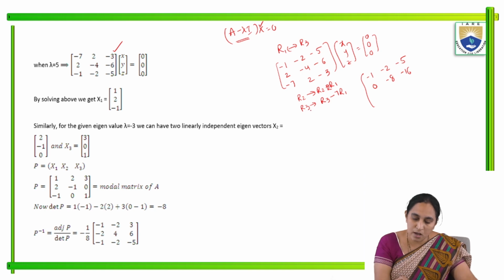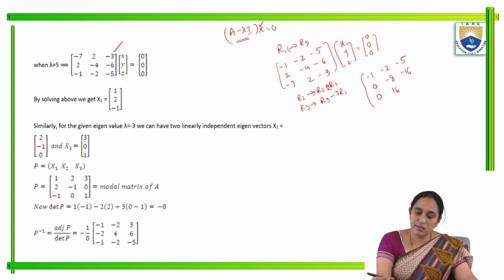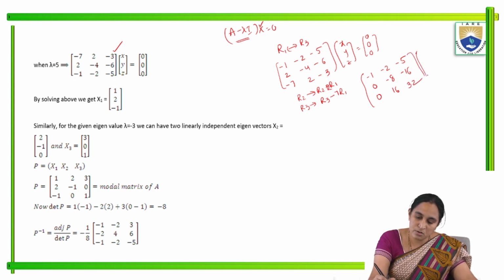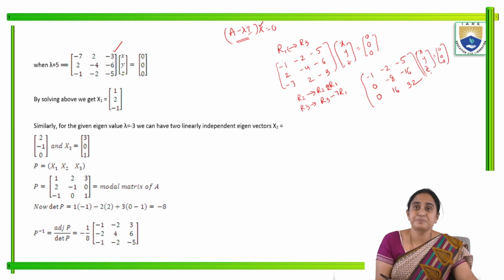Similarly, with respect to R1, I'll make the first element of R3 zero: minus 7 plus 7 is 0, and next 2 plus 14 is 16, and next minus 3 plus 35 is 32. This is 32 into x, y, z as 0, 0, 0.